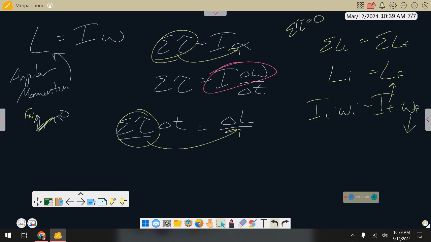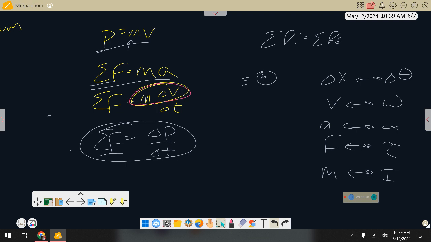Can angular momentum stay constant and you change angular velocity? Yes, as long as this is the case. See, this is the backwards of why I brought up Sally earlier. Sally's floating in space. It's just the momentum of Sally initial is equal to the momentum of final. But do you expect the mass of Sally to change?